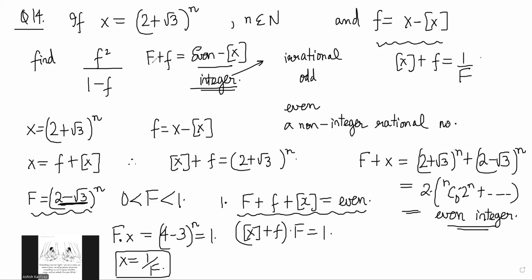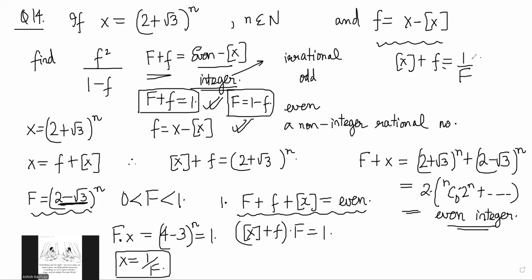And if f plus F is an integer, the only integer it can be is 1, because both are positive, but both are less than 1. So it cannot be equal to 2. So f plus F is equal to 1 is coming from here. And basically what I mean is capital F is 1 minus f now. And if capital F is 1 minus f, we can put 1 by 1 minus f here, and we are getting gif of x is equal to 1 by 1 minus f minus f.